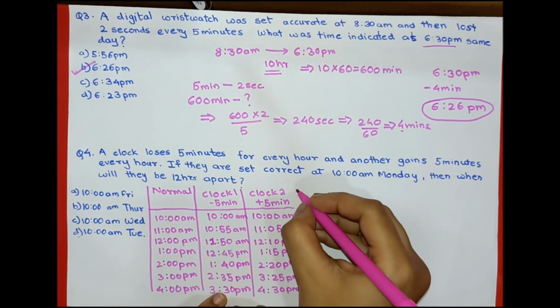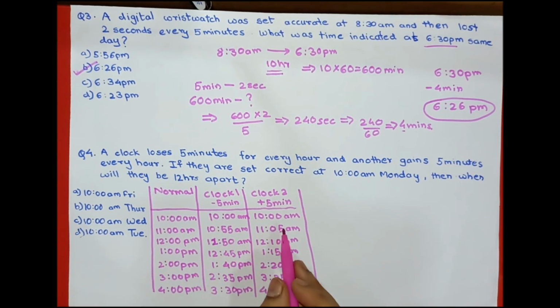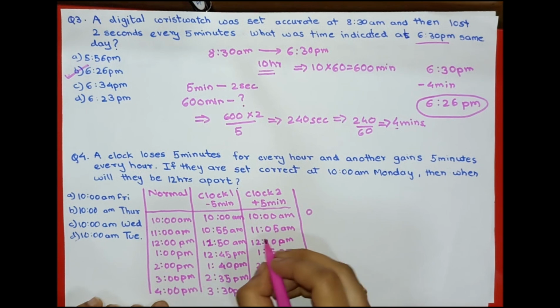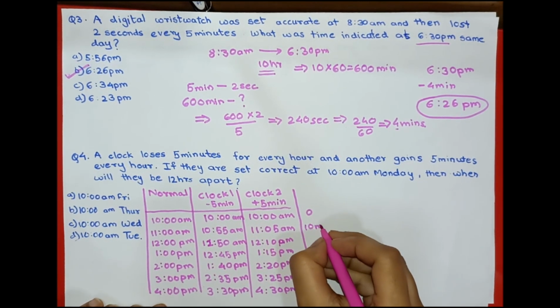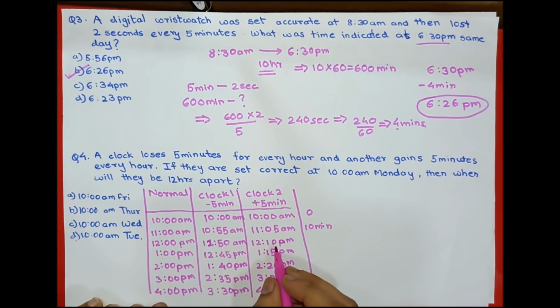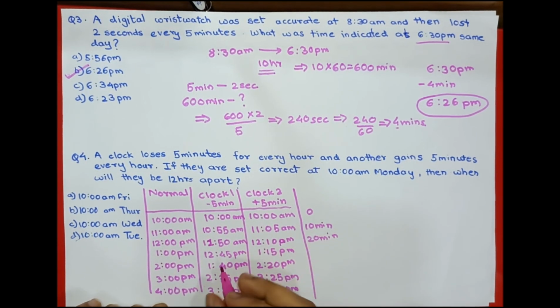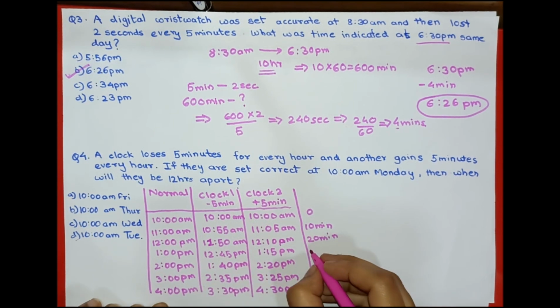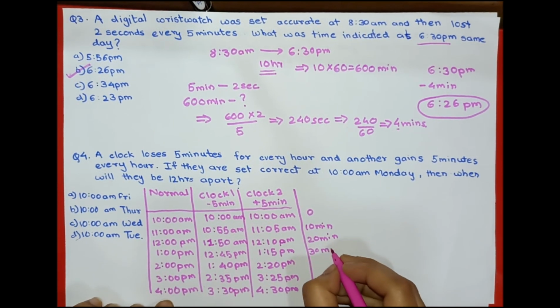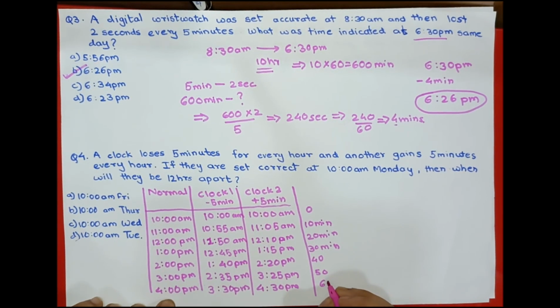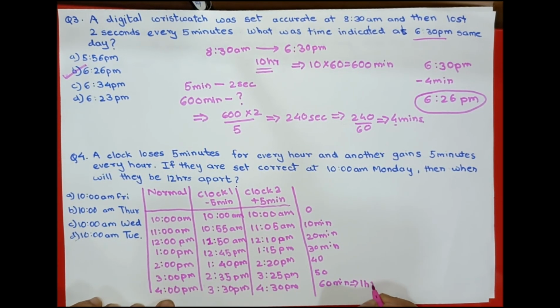Now if we look at the difference between clock 1 and clock 2, initially it was 0. After 1 hour the difference is of 10 minutes. Then after another 1 hour the difference is of 20 minutes. Then the difference would be 30 minutes. And similarly it is 40 minutes, 50 minutes and 60 minutes, which is 1 hour.